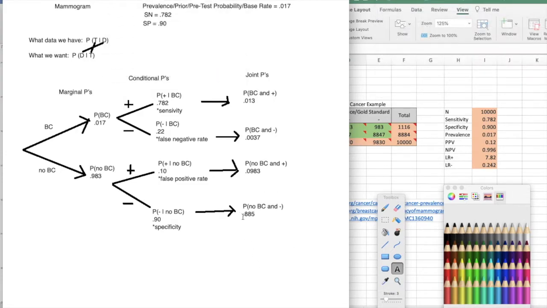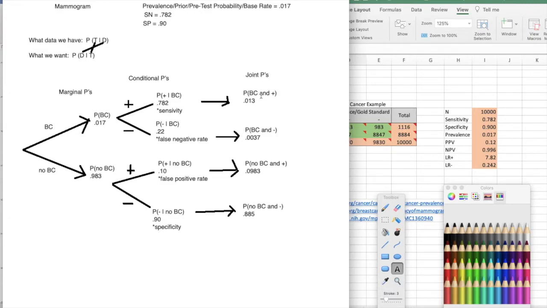So these are joint probabilities. We've got marginal probabilities, conditional probabilities, because we've got conditions given this condition, given that condition. Positive given no breast cancer. And then we have joint probabilities of both of these happening together.